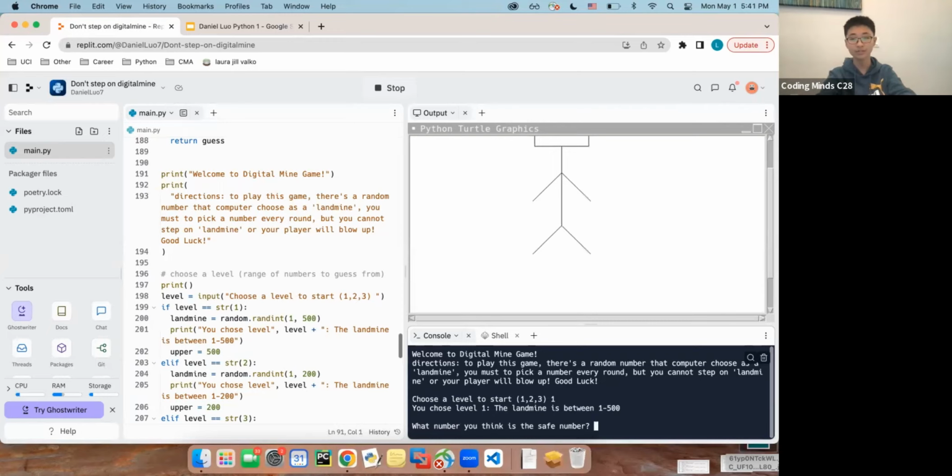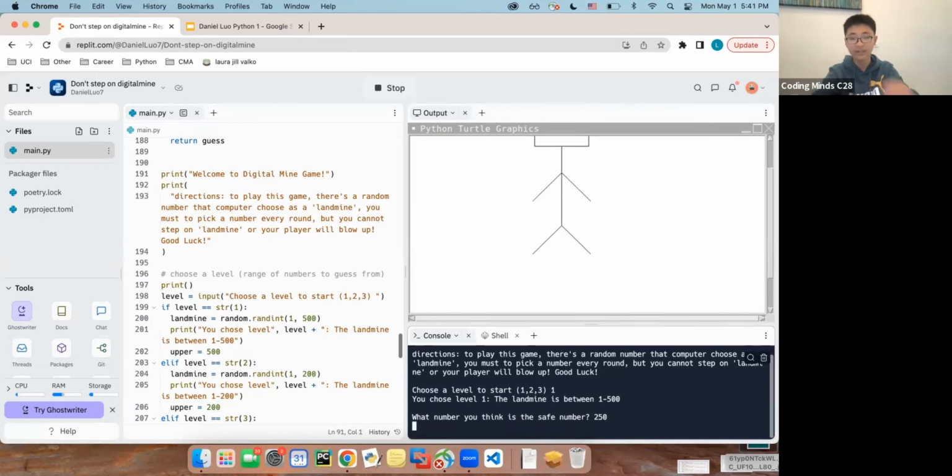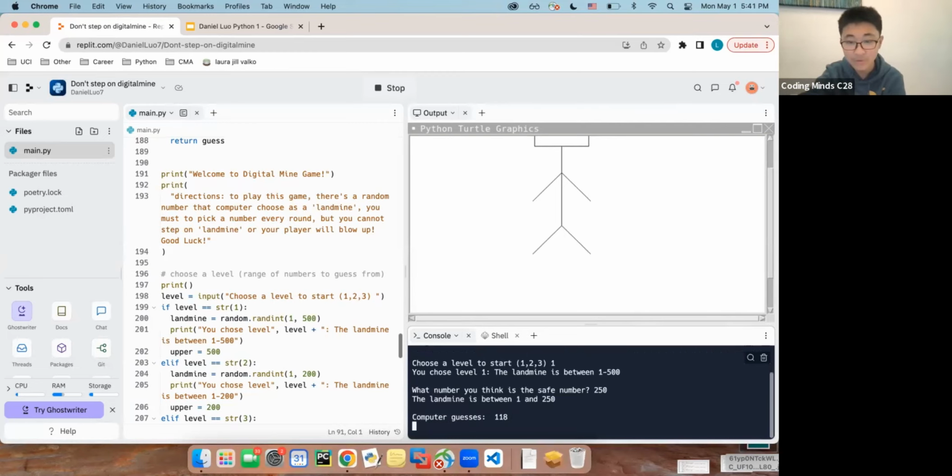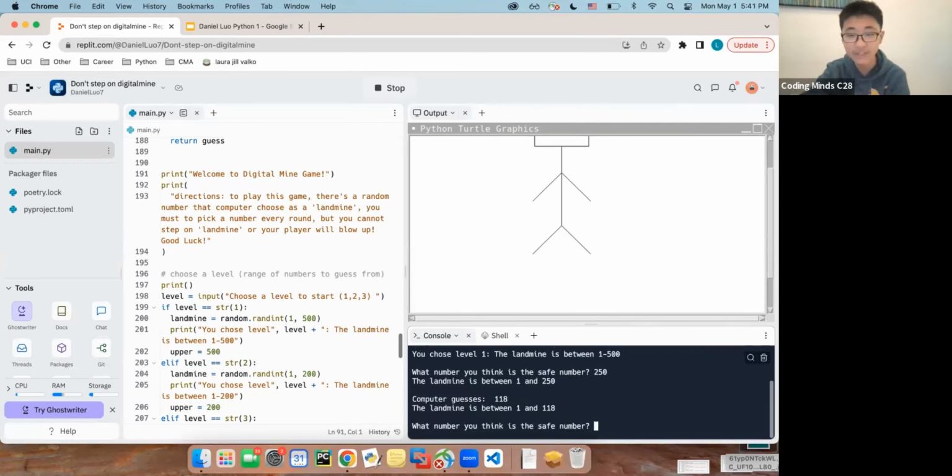Okay, there's a player up here, and you need to choose a number between 1 and 5,000. I'll pick 250. Okay, the landmine is between 1 and 250. Computer guesses 118. So the landmine is between 1 and 118.